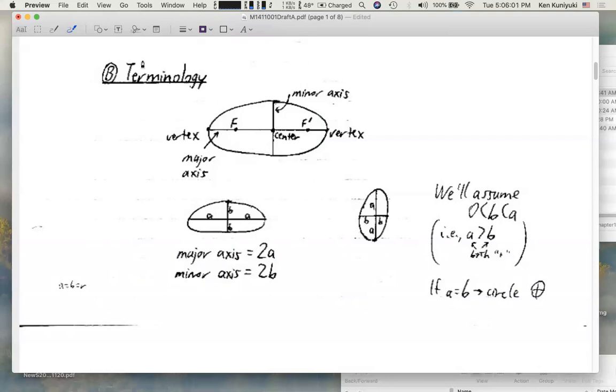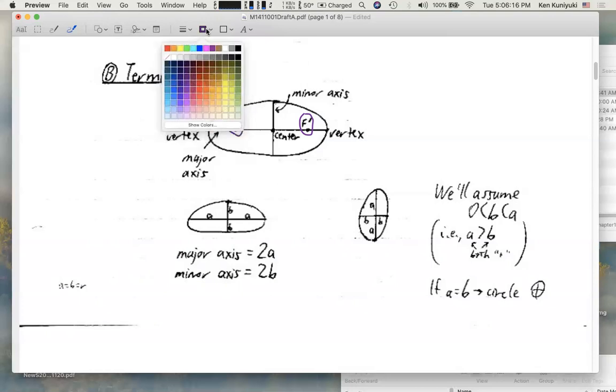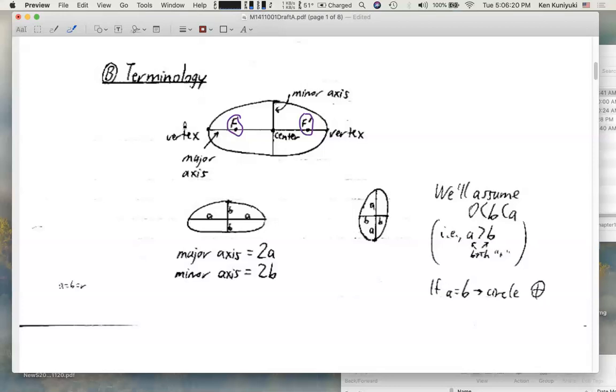The two foci, F and F prime, we've discussed before. These are the two foci that helped us draw the ellipse in the first place. The two endpoints of the major axis are called vertices. An ellipse has two vertices. A parabola had one vertex. A circle had no vertices, really.